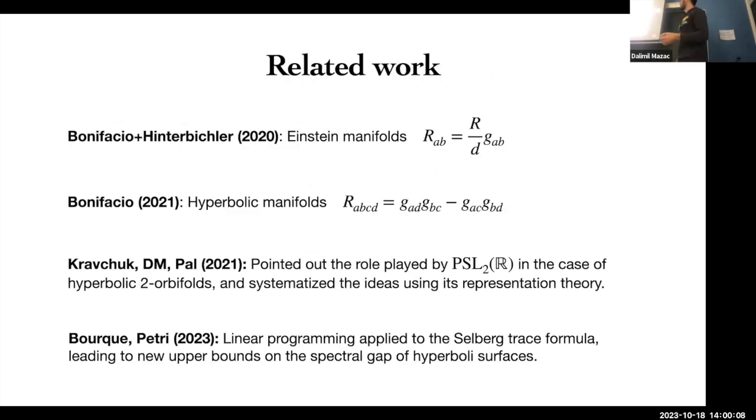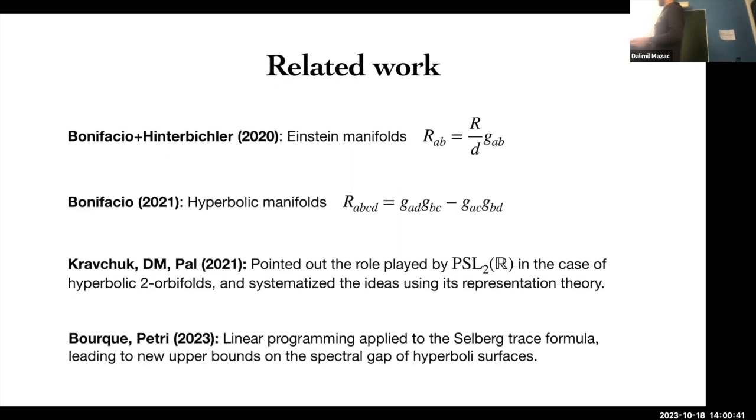Let me just say there's been some related work. First, Bonifacio and Hinterbichler had a similar idea in the more general context of Einstein manifolds. Then James Bonifacio did the hyperbolic manifolds, but without any representation theory, so it was very nice but a bit ad hoc. What we did with Petr Kravchuk and Schroeder-Pal was to phrase everything in the representation theoretic setting of PSL2R, which also manifests the relation to the conformal bootstrap.